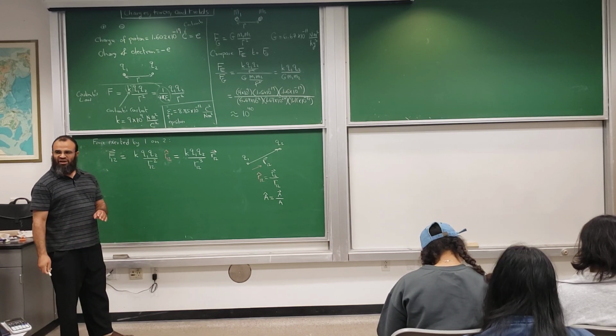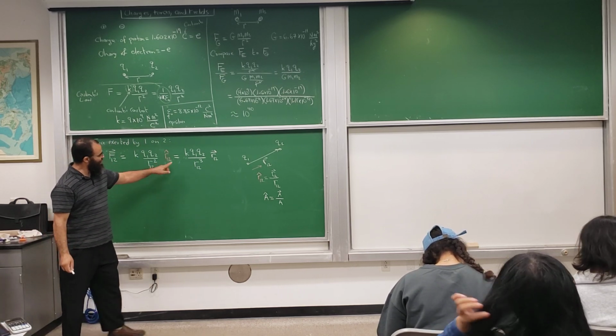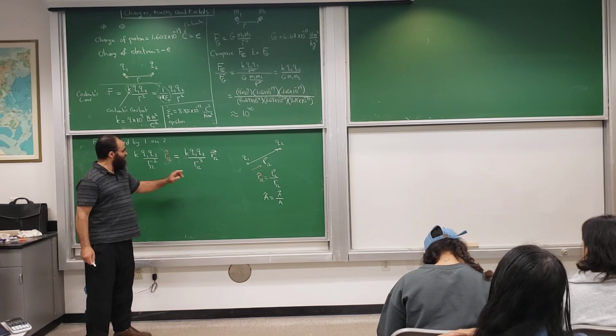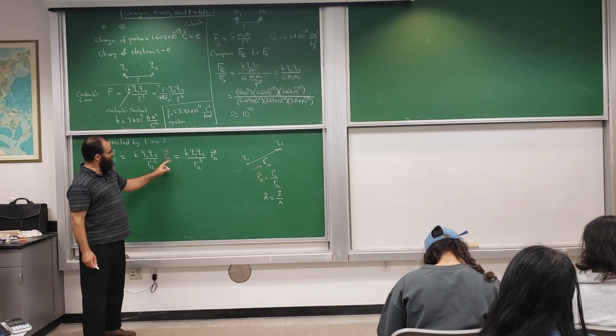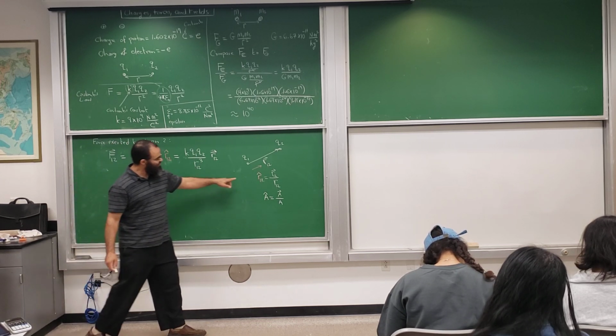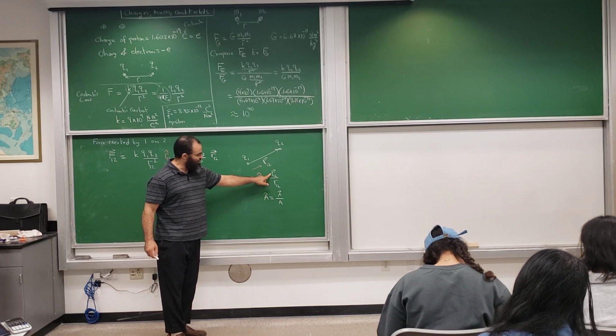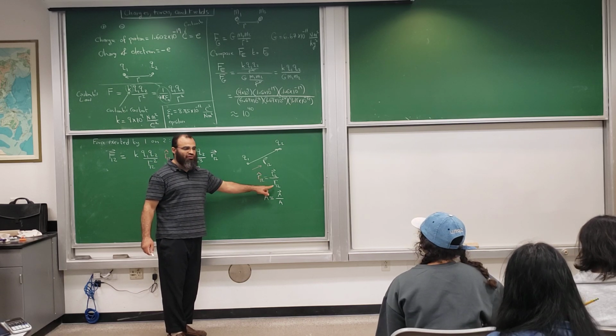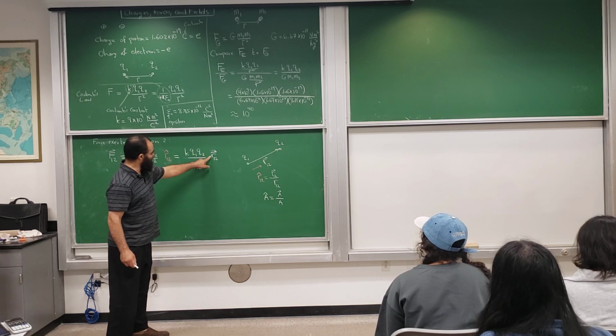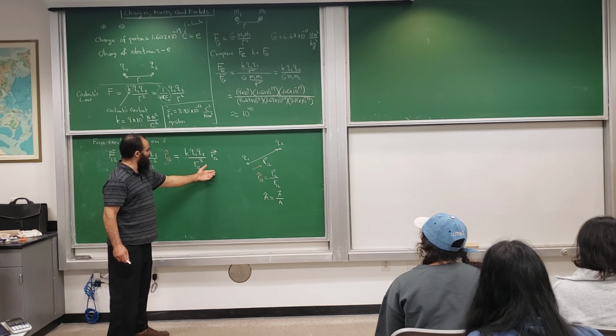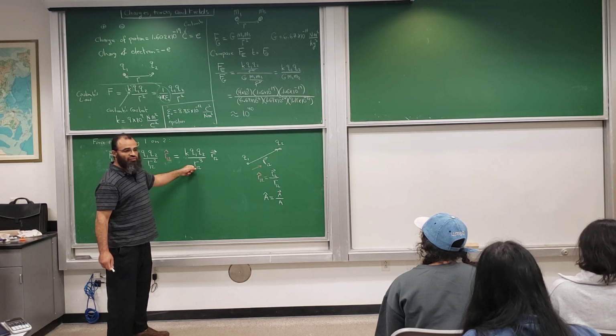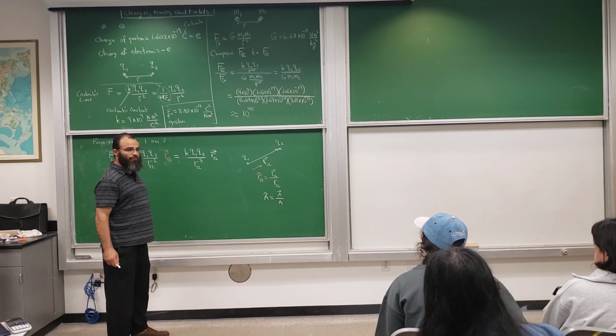How did the square become a cube? Well, I substituted for the unit vector, R12 hat. R12 hat is the vector divided by its own magnitude. That's the vector, and then its own magnitude on the bottom multiplies this and becomes a cube. So it comes like this.